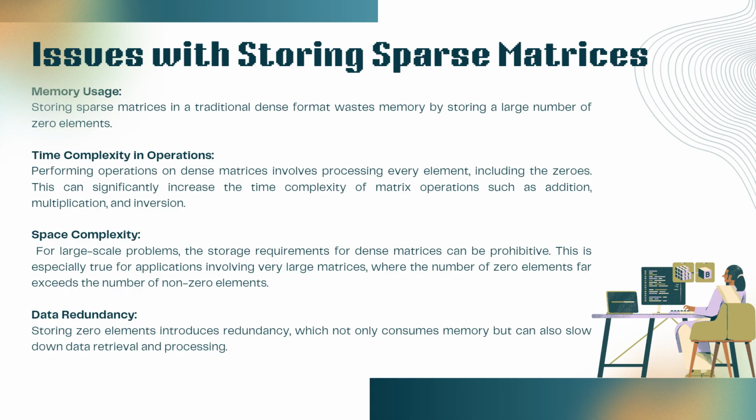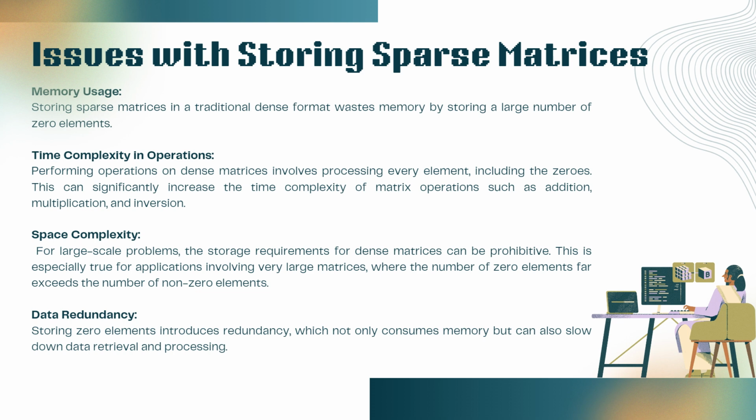Now, let us see what are the issues with storing sparse matrices in dense format. Memory usage, wasted space: storing sparse matrices in a traditional dense format wastes memory by storing a large number of zero elements. For example, a 1000 by 1000 sparse matrix with only a few hundred non-zero elements would require storing 1 million elements if stored densely.